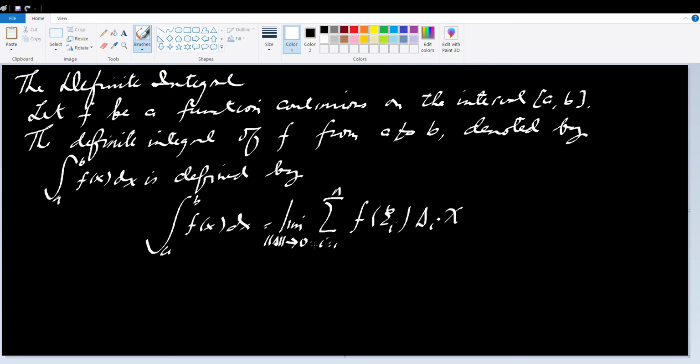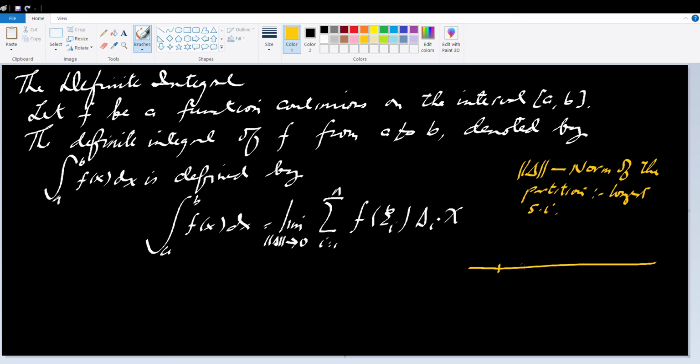Okay, so we have a new symbol here. This symbol is called the norm of the partition. It is defined to be the longest subinterval. So if this is the manner by which the interval was subdivided, then this will be the norm of the partition.